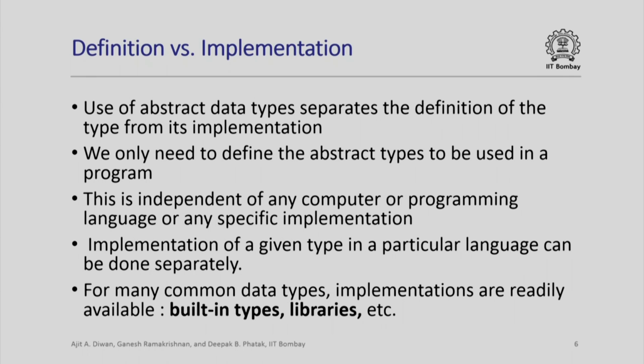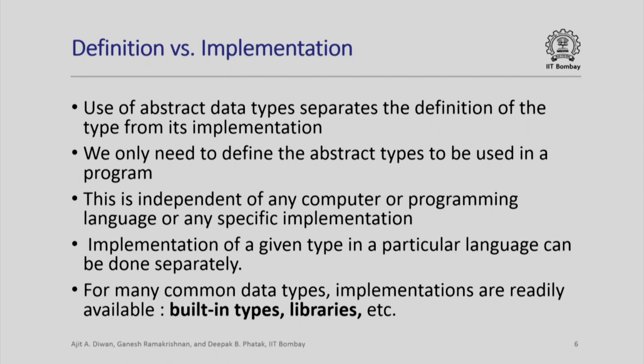You only need to know that this type has this set of values and these are the operations that can be performed on it, and you use those operations and values as implemented without worrying about how it is done. This is exactly how you use built-in types like integers. You do not really care about how integers are represented inside. All you know is that you can define variables of type int, which specifies that its values are integers, and you can use arithmetic operations on those, like addition, comparison, and some other set of operations that are defined.